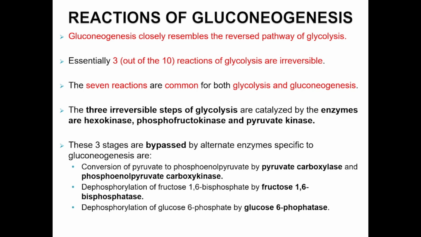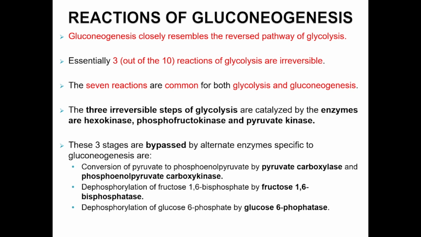In gluconeogenesis, we want to produce glucose, so we want to reverse the pathway, going from pyruvate back to glucose. Those are 10 reactions. 7 out of 10 are reversible, so there is no problem. They can go in both directions. But 3 are irreversible, so those need to be bypassed. If you want to convert pyruvate to glucose, you need to find a way around the irreversible reactions. So there will be new enzymes and new reactions to bypass these irreversible steps.